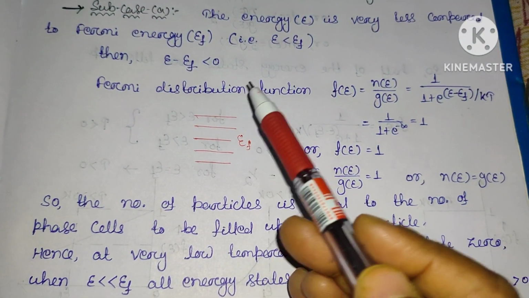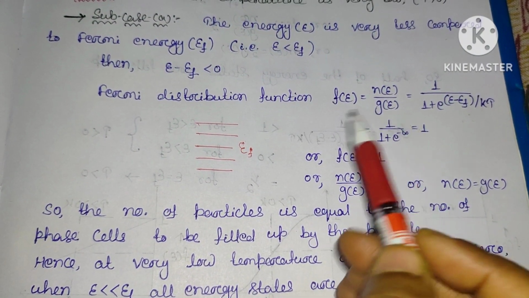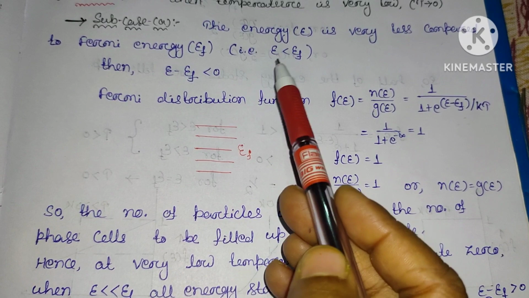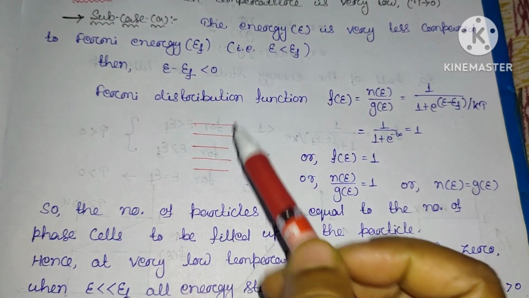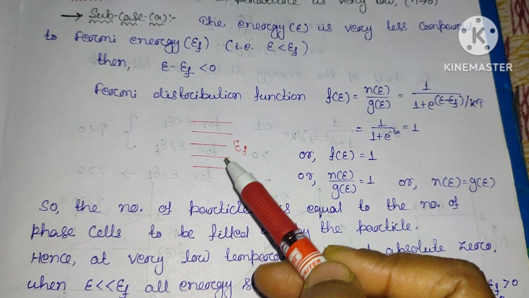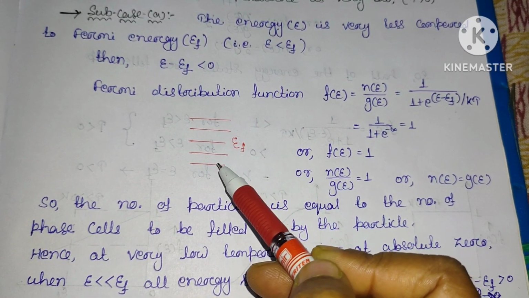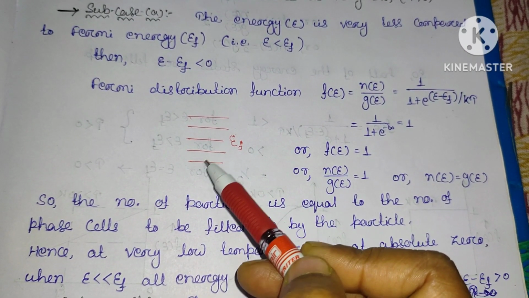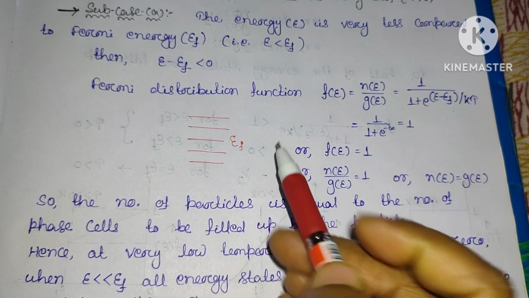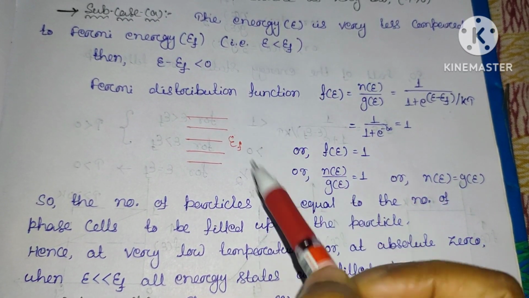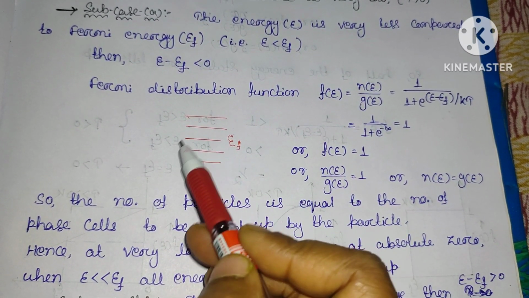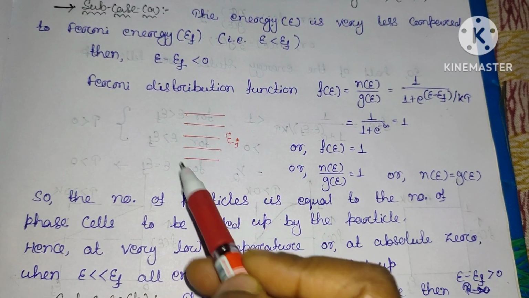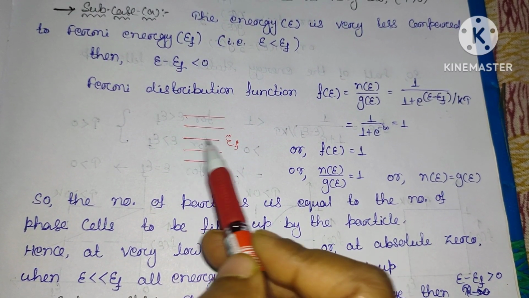In the first case we are considering that E will be less than EF. Suppose any of these energy levels is your E. In that case, below this EF, particles can be present in any of these cells up to this much.